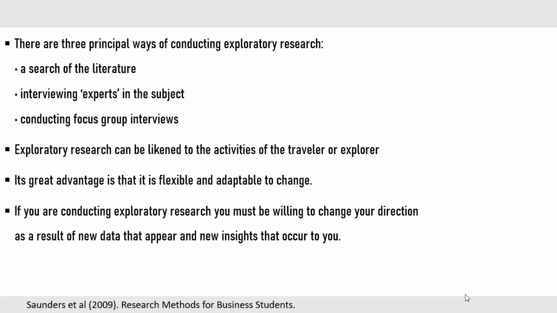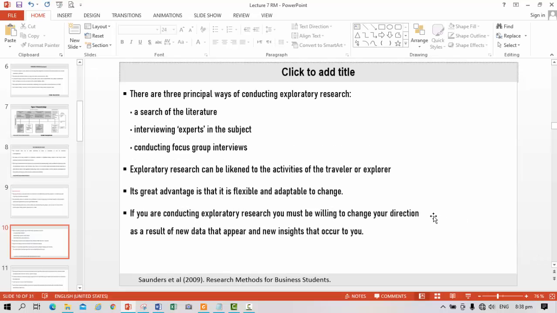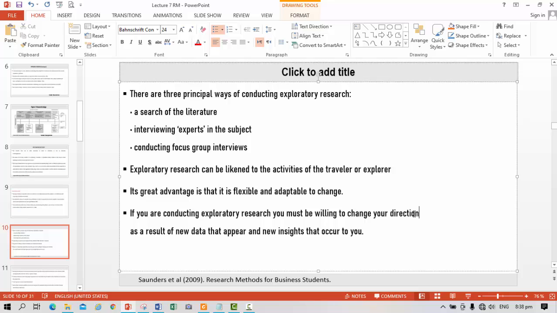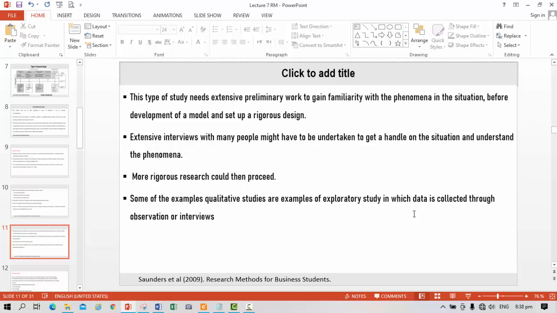Exploratory research can be likened to the activities of a traveler or explorer. Its great advantage is that it is flexible and adaptable to change. If you are conducting exploratory research, you must be willing to change your direction as a result of the new data and new insights that occur to you.